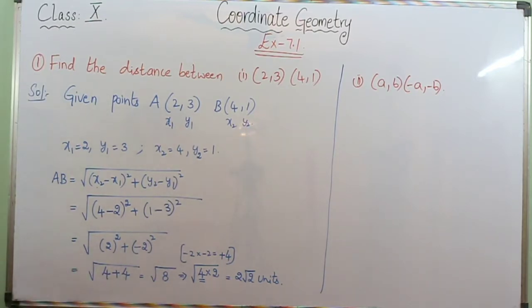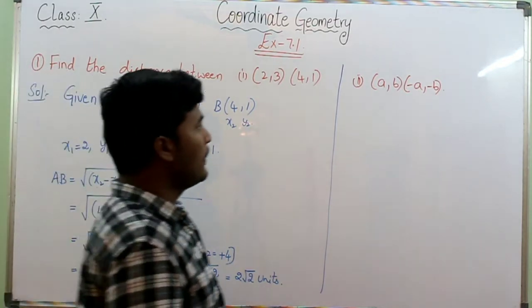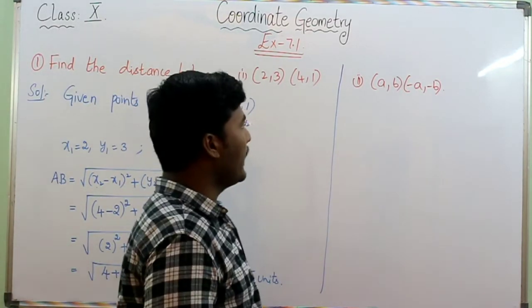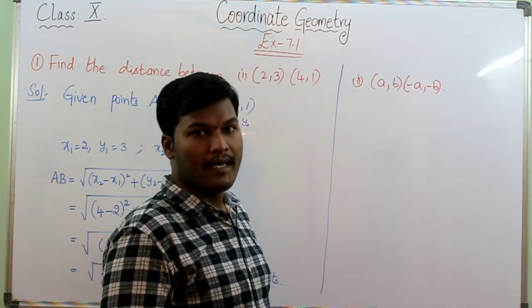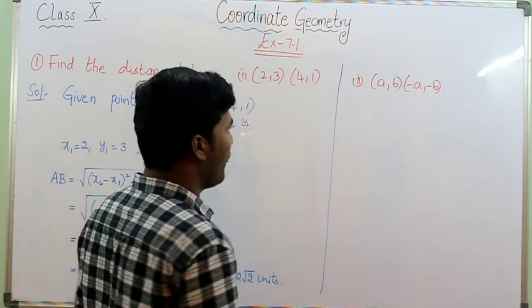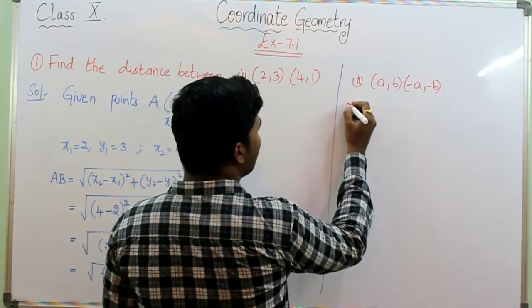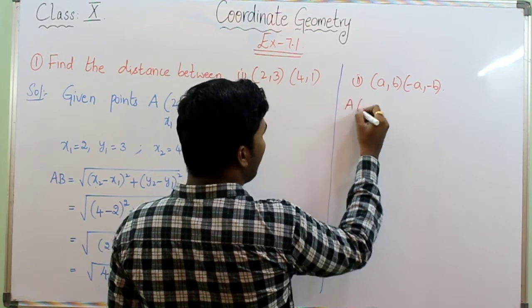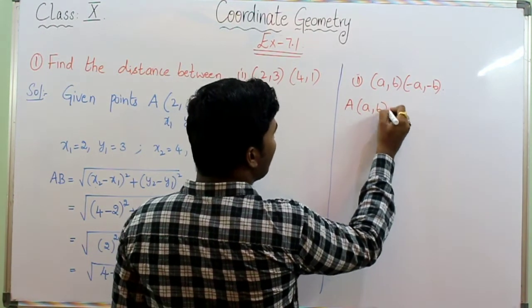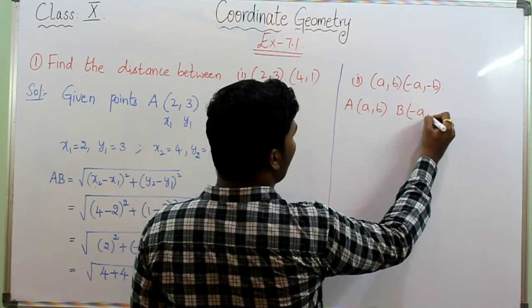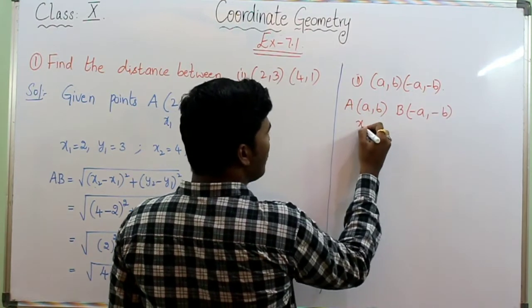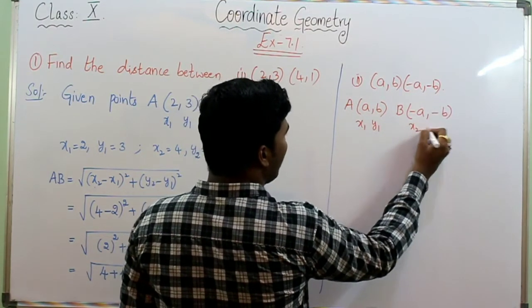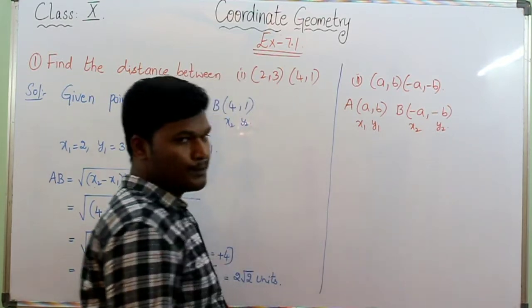Okay, now let us solve one more problem, that is distance between the points (a, b) and (minus a, minus b). Same procedure again. Let us consider the points as (a, b) and (minus a, minus b). Let us name them as x1, y1 and x2, y2.